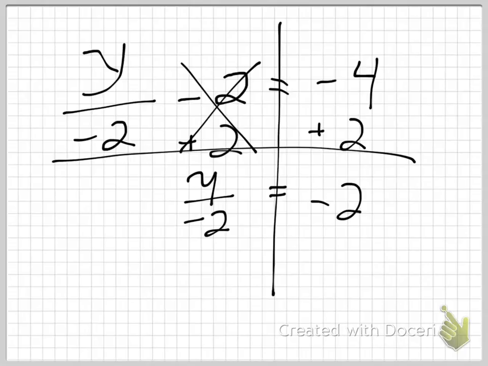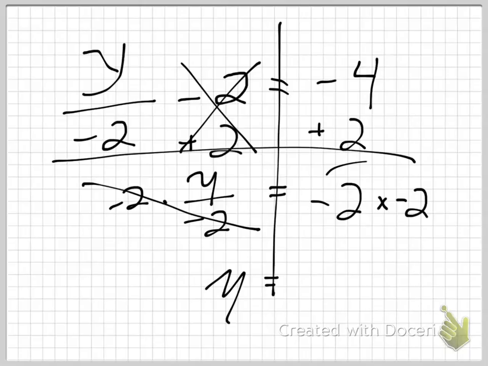Because there's a negative 2 there. What's the negative 2 doing to him? Dividing him. What's the opposite of divide by negative 2? Multiply by negative 2. If I multiply this side by negative 2, what do I have to do over here? Multiply by negative 2. Those two negative 2's are gone. That leaves me with y equals, what is negative 2 times negative 2? 4.